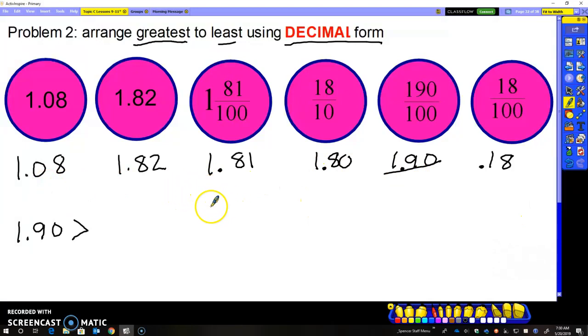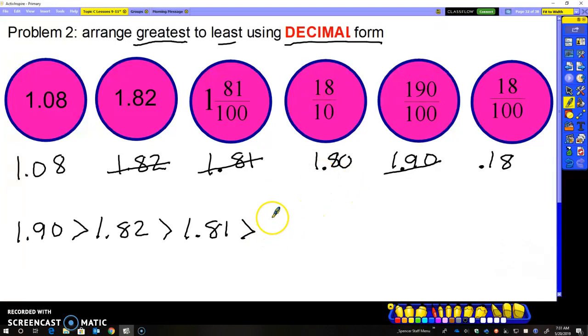All right, so now I'm counting backwards. 1.82 looks like the next one. So now I have 1 and 82 hundredths, greater than sign. Cross it off. Now I'm at 1.81, which is 1 and 81 hundredths. Now my greater than sign.